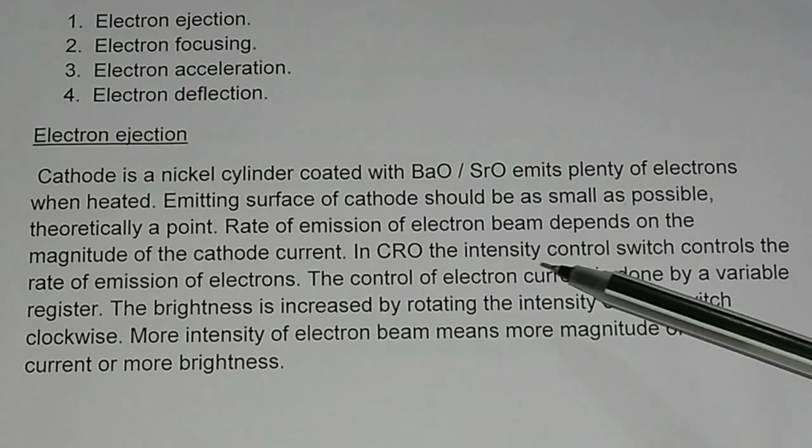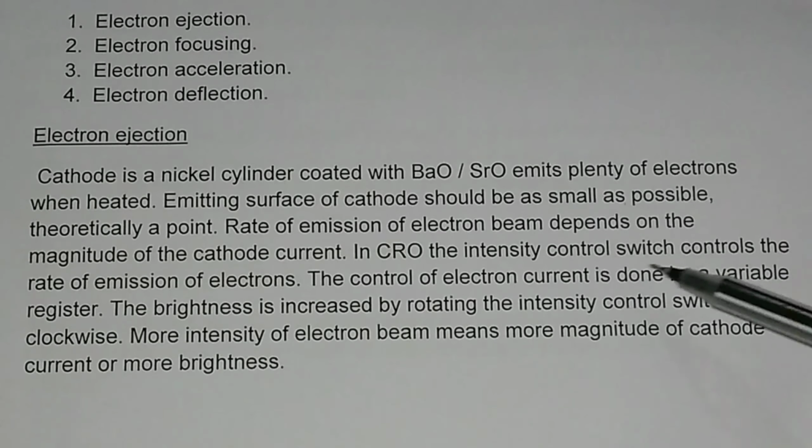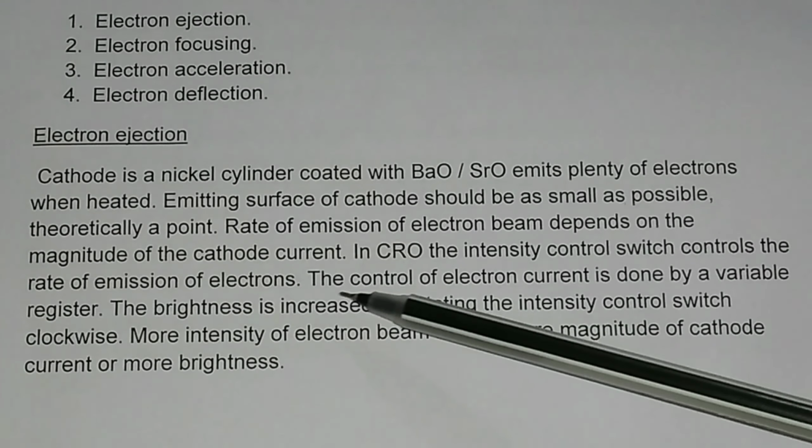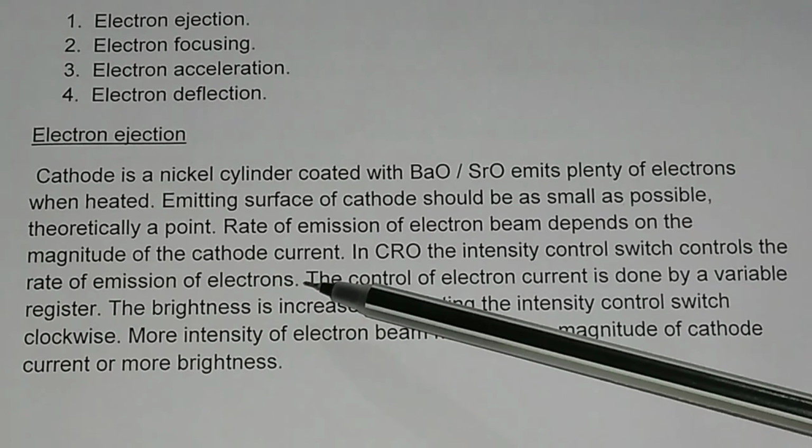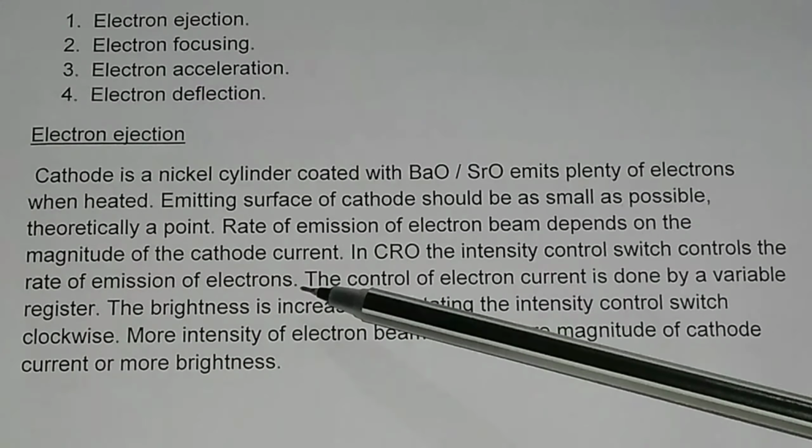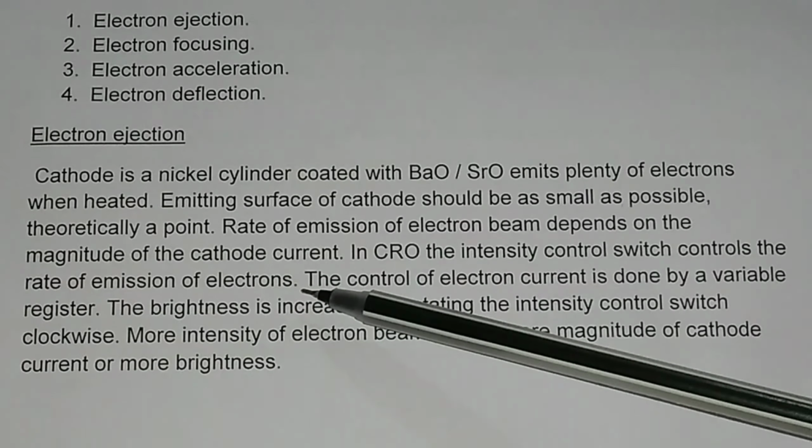In CRO, we have an intensity control switch which controls the rate of emission of electrons. I will show you the intensity control switch in CRO.